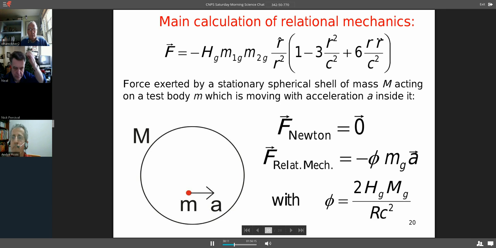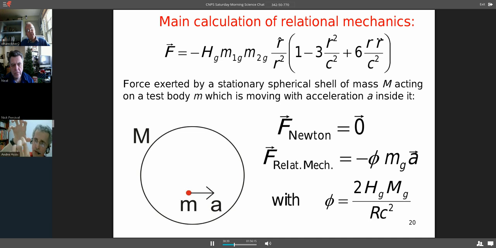But what is the main calculation of relational mechanics? Here I present once again Weber's law, which is Newton's law plus a velocity term and an acceleration term. And I will calculate the force exerted by a stationary spherical shell acting on a test particle which is accelerated inside the shell.